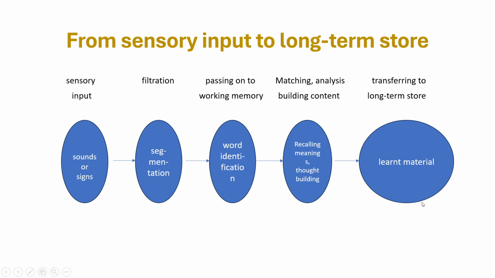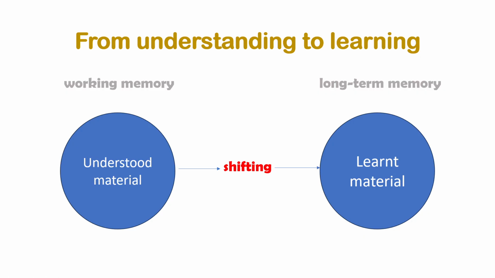So when material has been shifted to long-term memory, then you may say that initially understood material has now been learned. So the rest of this presentation is concerned with what happens between the last two links in the chain, right? Understanding and learning.